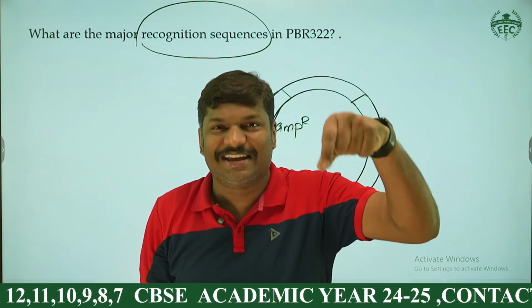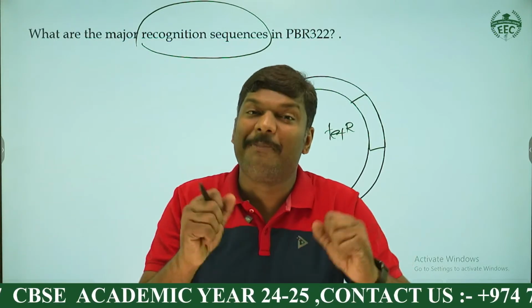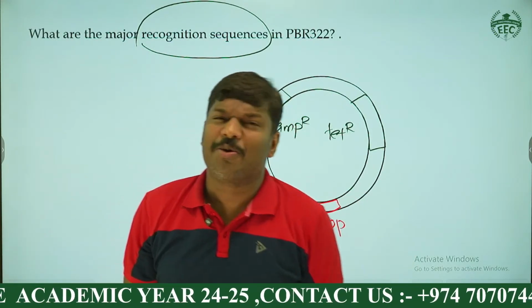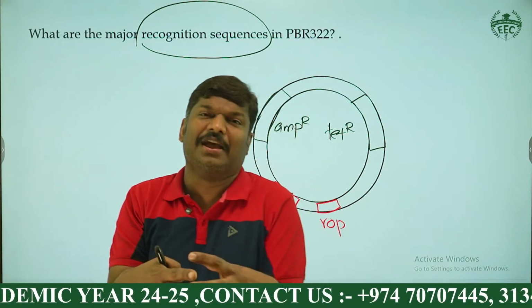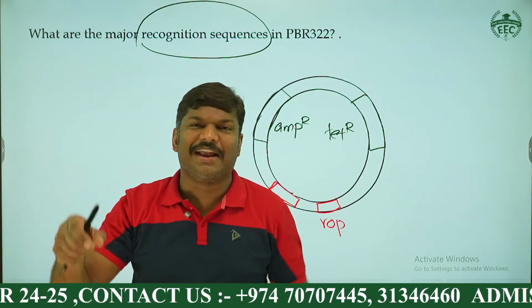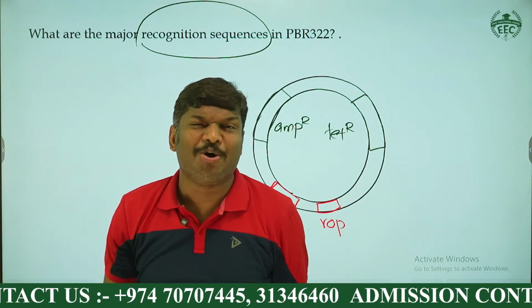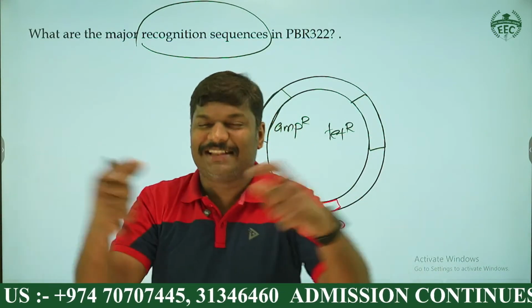Then only that area is cut and removed. So that is why only then can we make recombinant DNA. What is recombinant DNA? Recombinant DNA is a combination of two DNAs. Maybe one is from the donor or the foreign DNA, and the other from the plasmid or vector DNA. Both are combined using a molecular glue called DNA ligase, and that is what we call what?